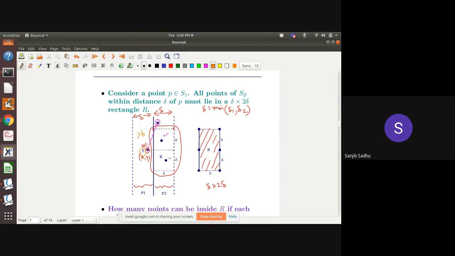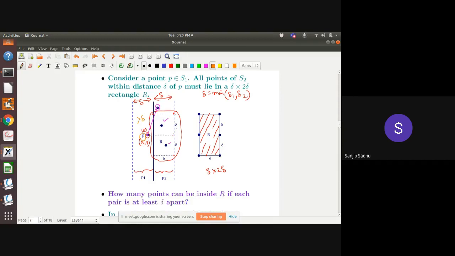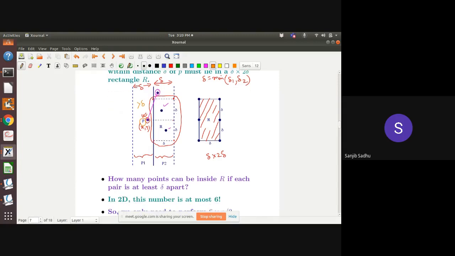Now, how many points can lie within R if each pair is at least delta apart? See, I know in the right side the minimum distance. All these rectangles, this region, please check it. This rectangular region lies at the right side of this line L. And I know the minimum distance between any two points is either delta 1 or delta 2, whatever the case may be.